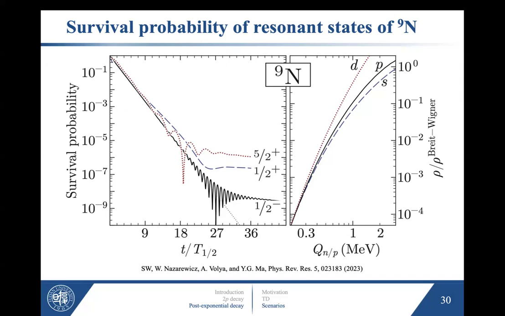And the dripline nuclei offer good candidates for experiments to study this non-exponential decay. Experimentally, they can directly measure this survival probability, or measure these spectral functions and take the Fourier transformation to pin down this non-exponential decay.